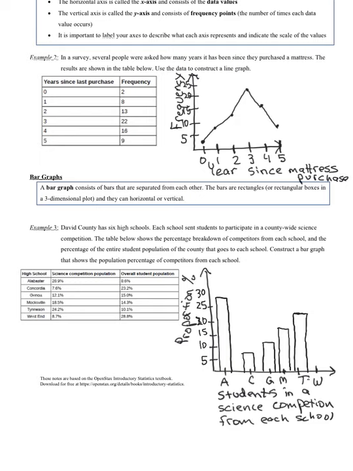And for West End, we have 28.8. So that's really close to our bar that represented Alabaster County. And there you have it. We have our bar graph. That is the end of the first video for section 2.1.